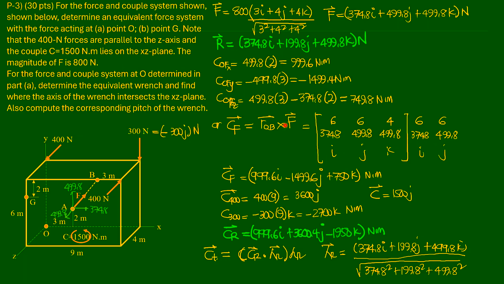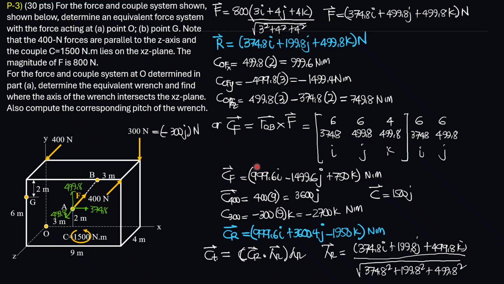So combining the couples, we have couple due to F, couple due to the 400 Newton forces, couple due to the 300 Newton force, and we have couple which is already given, 1500 j. So for i, 999.6 i, it is retained.